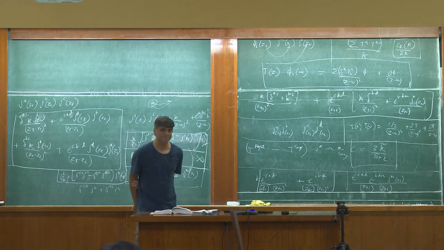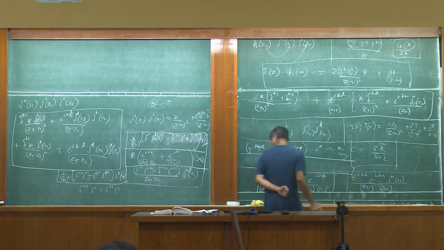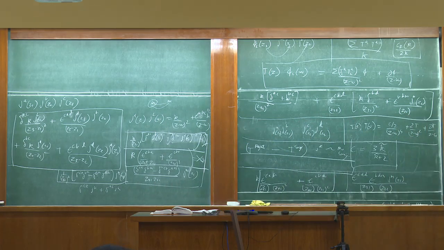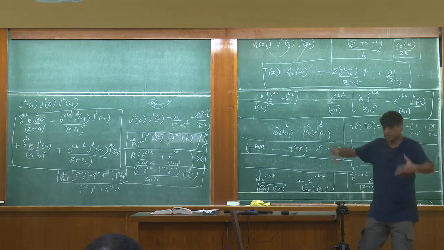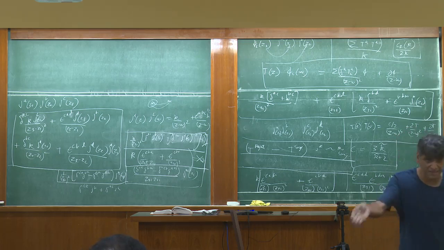Is this clear? What this is suggesting is the following. It might be that you've got another notion of stress tensor, but as far as the currents of the algebra are concerned, this other thing is the same as the Sugawara stress tensor.